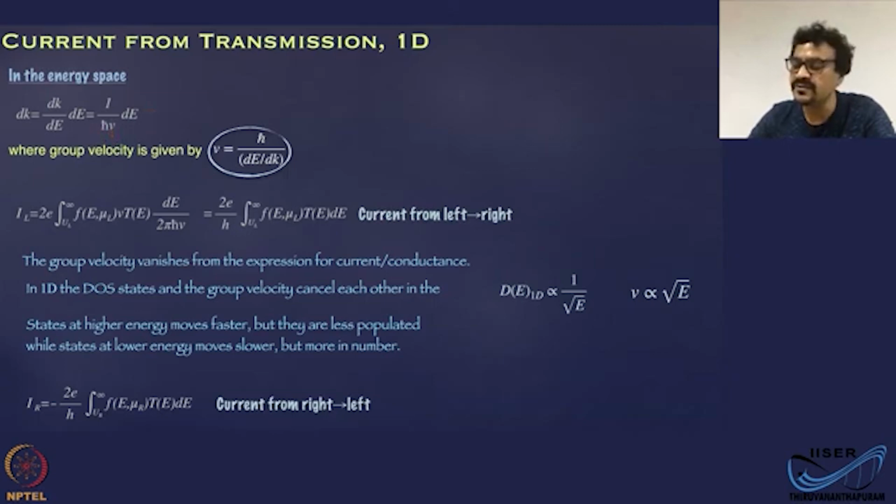So for this expression for the current from left to right, eventually you will get 2e by h times the integral from UL to infinity, where UL is the conduction band bottom, because that is where the energy starts from.